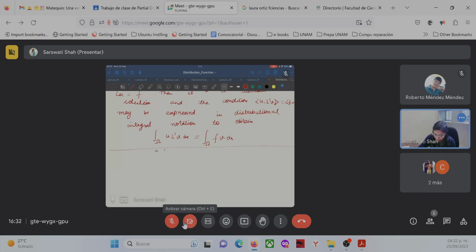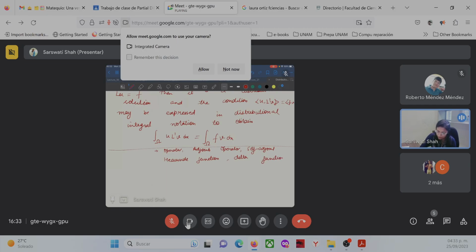We have the operator, the adjoint operator, and then we have the self-adjoint. Then we have studied the Heaviside function. Then we have studied the delta function. Then we have defined the weak derivative of the Heaviside function.